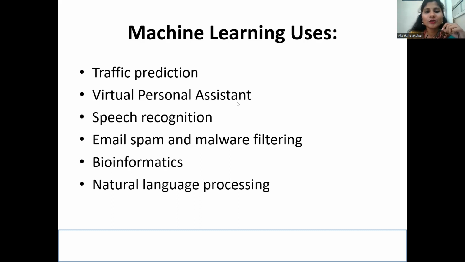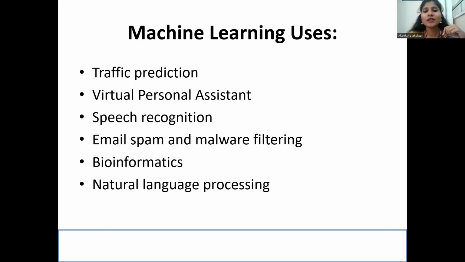Then personal assistants. The major example of this is Google Assistant, where we ask for any information or data we need from the computer or any digital environment, and we get it with matching syntaxes.